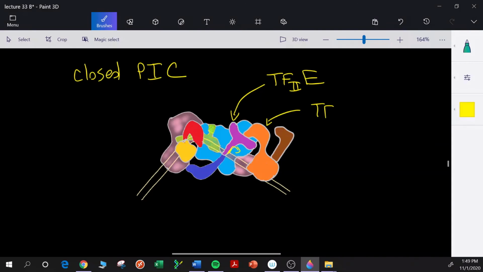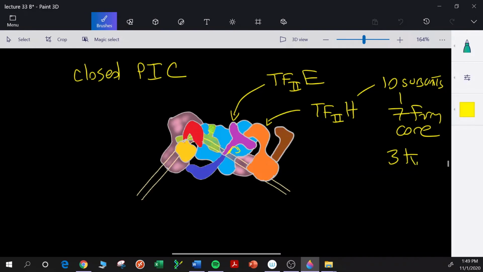Now TF2H, this is that big protein with 10 subunits. Seven subunits form the core, and 3 are part of a kinase domain. I think the kinase domain is going to be more important in coming lectures.